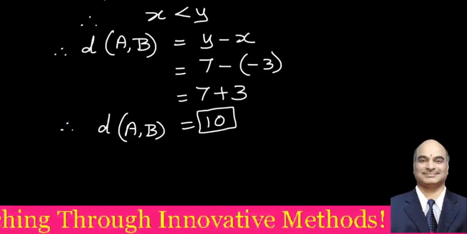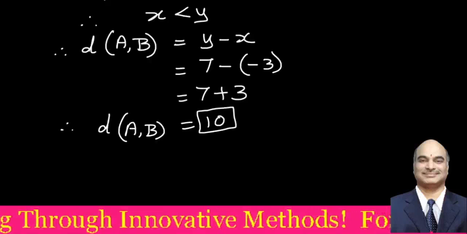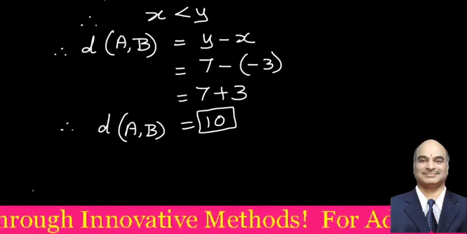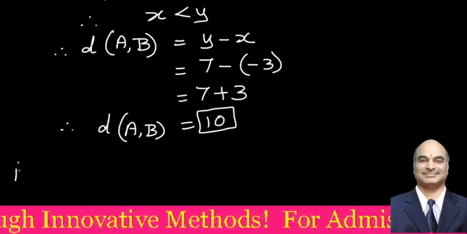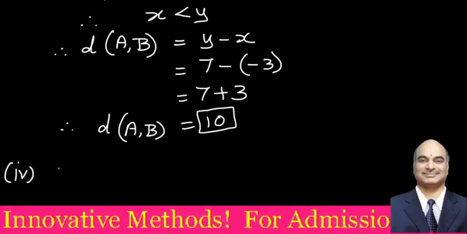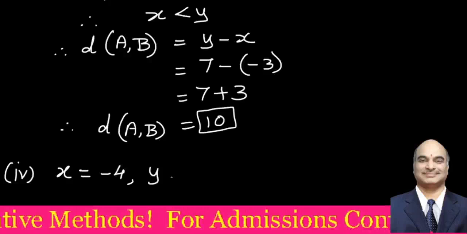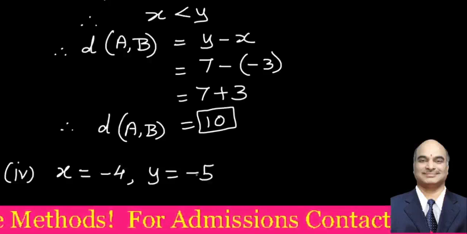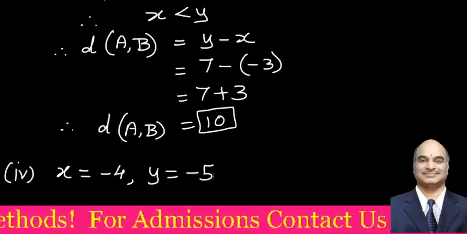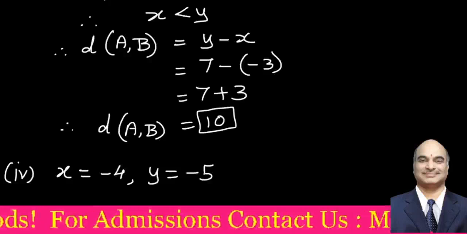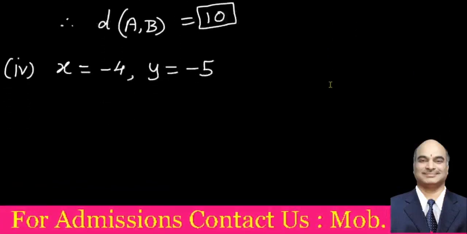In the fourth one, x is equal to minus 4 and y is equal to minus 5.